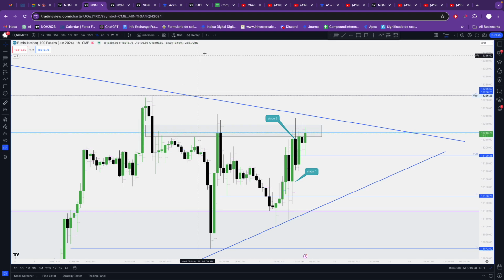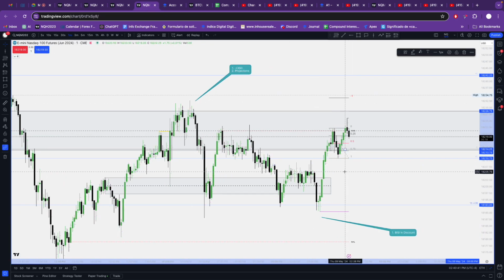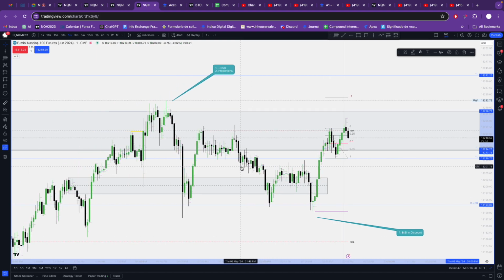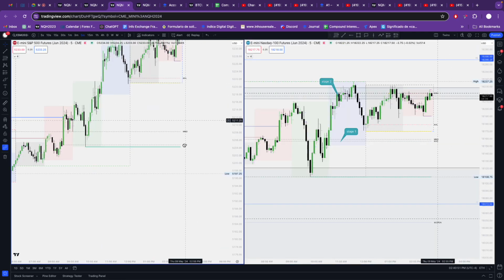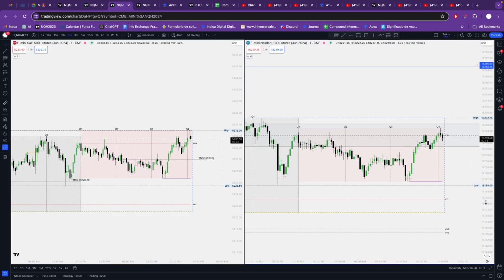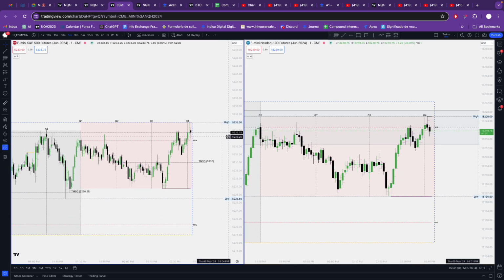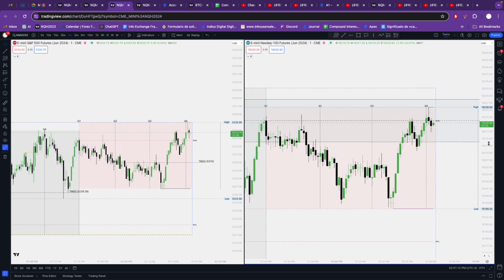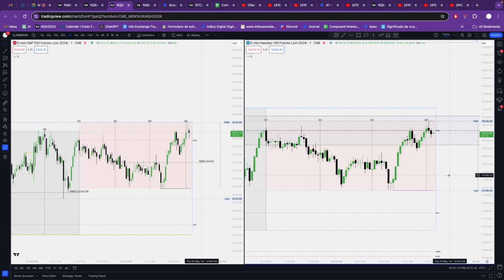Right. Yeah. It's not worth the risk reward ratio. High resistance liquidity run. Okay.